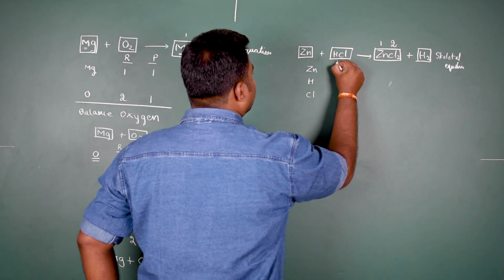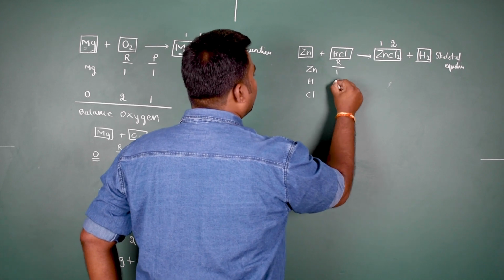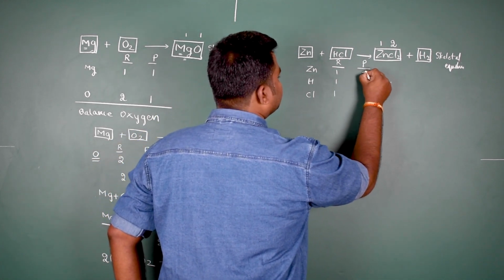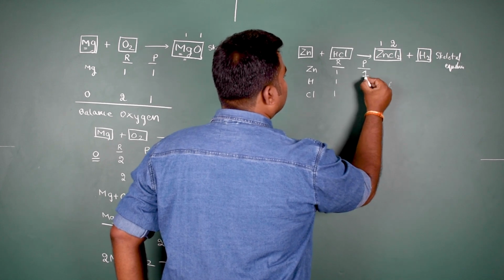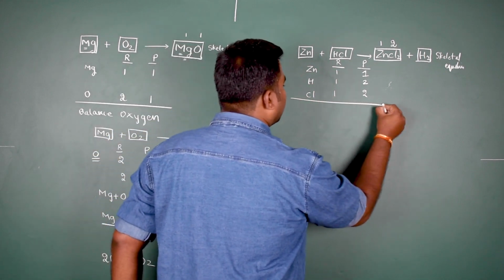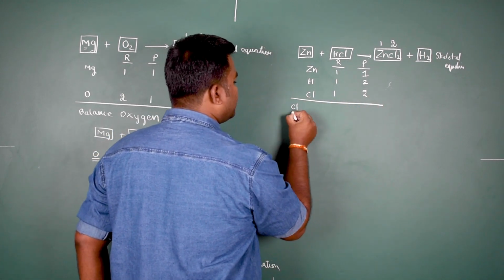Here on the reactant side, zinc is 1, hydrogen is 1, chlorine is 1. Whereas on the product side, zinc is 1, hydrogen is 2 and chlorine is 2. And I'm starting the balancing with what? Chlorine.